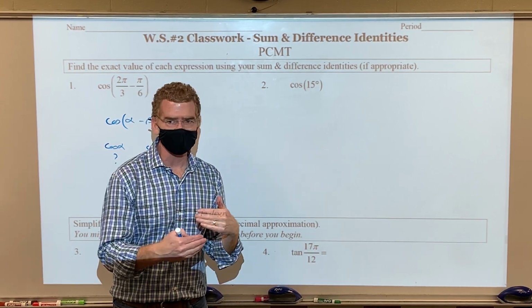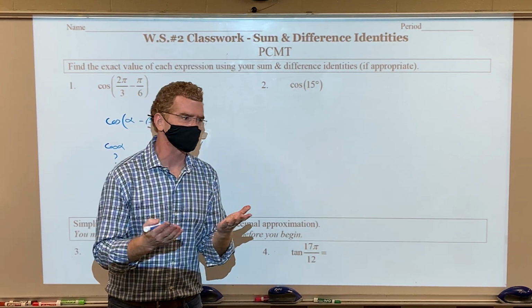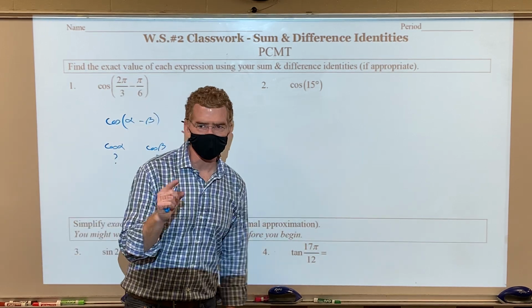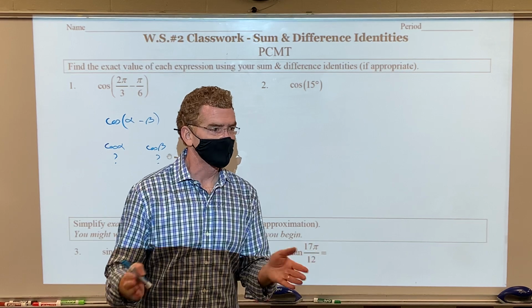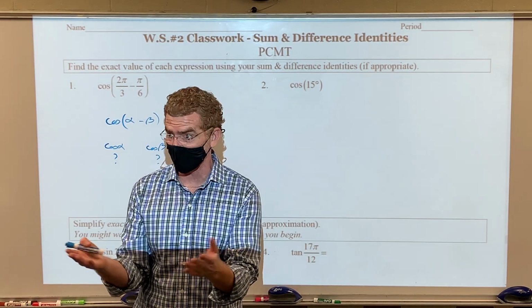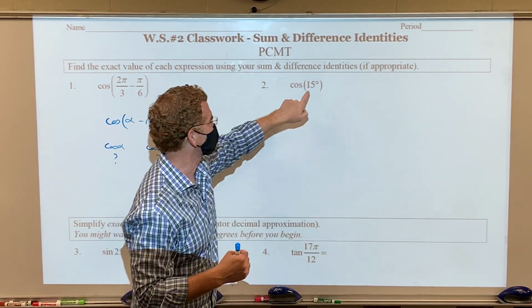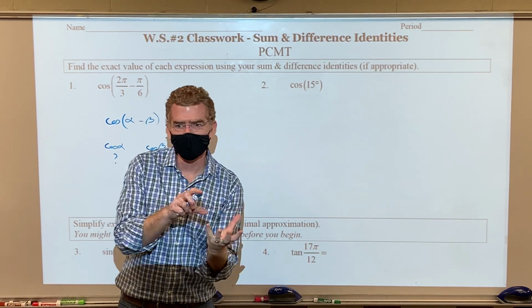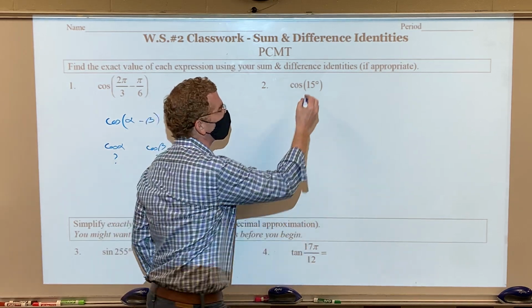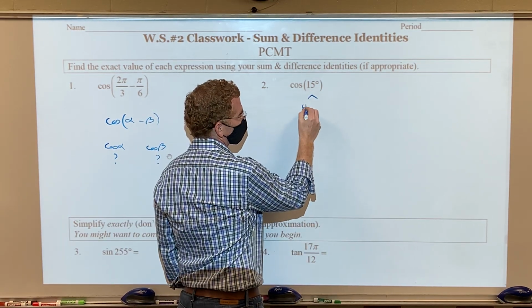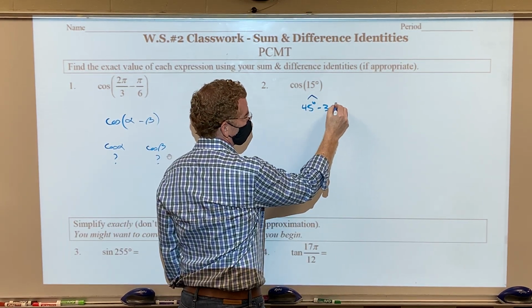So what this identity allows me to do, it says, well, what if there were two angles on the unit circle, like 45 and 30, that you do know the trig functions of, right? What if I replaced that with some sum or difference of two angles that are on the unit circle? Like, for instance, what if I replaced 15 with 45 minus 30?